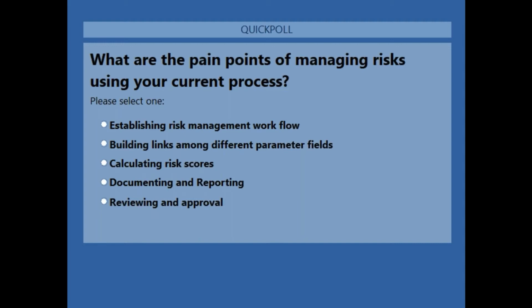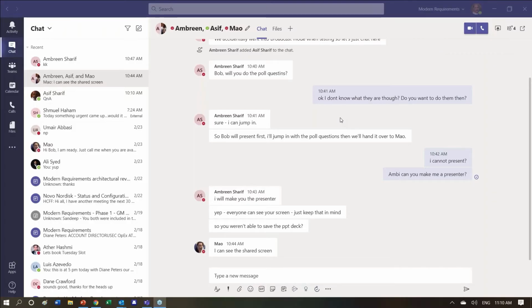Documenting and reporting on risk is the second one. And establishing a risk management workflow is the third most popular one. All right, so that's for risk management and polling. I will hand this over to Mao now.